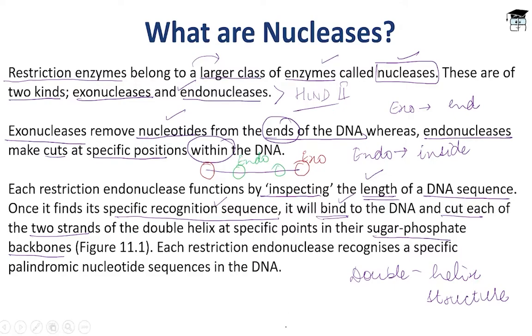Now, each restriction endonuclease recognizes a specific palindromic nucleotide sequence in the DNA. That recognition sequence is palindromic. But what is palindromic? We will study palindromes later on.